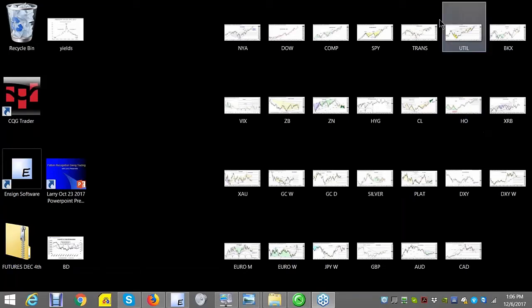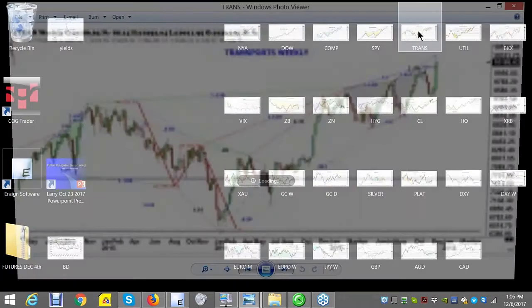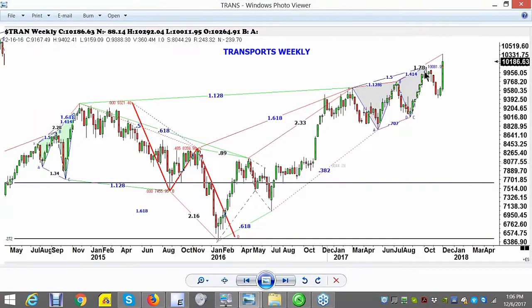Here's the, let's get the transportations up here just to show you. This is the weekly transports. If you want to see the big ABCD here, bottom in January, incredibly bullish down here. Look what you did here. You made a beautiful Gartley right here. There's your A, B, C, D right there. Then you see how this move is very similar to this one.